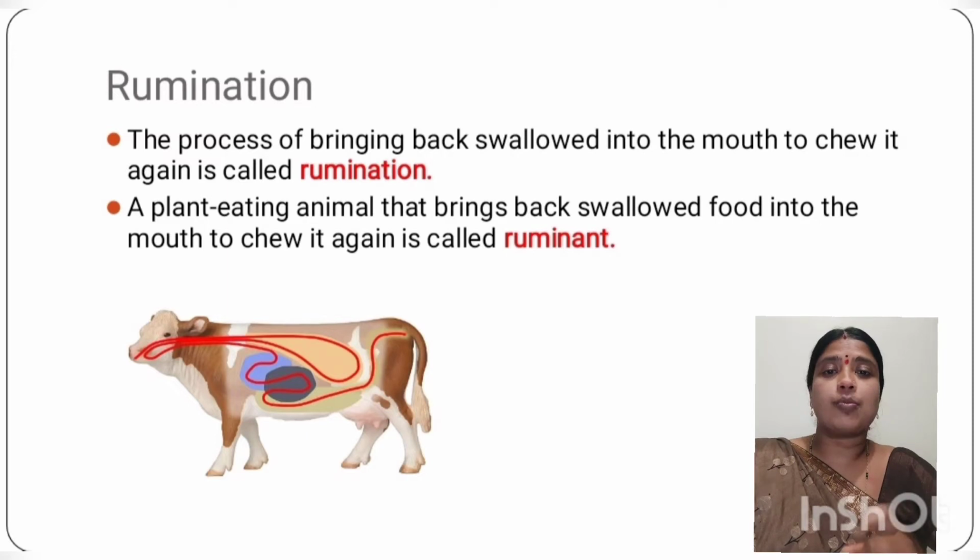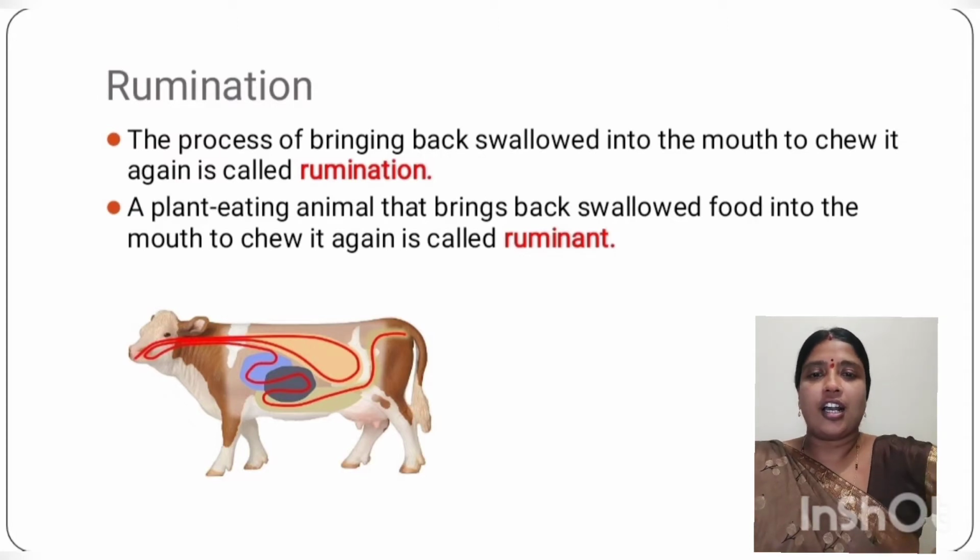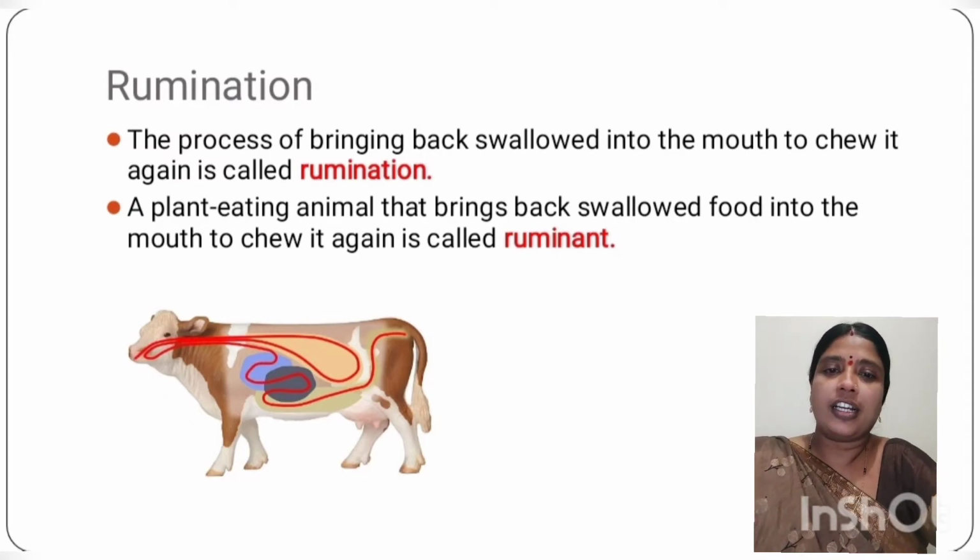These are mostly plant eating animals, which bring back the swallowed food, chew again, and then swallow it again. Plant eating animals, mainly cow and goat, perform this rumination process. Now let us understand how digestion takes place in these ruminants.